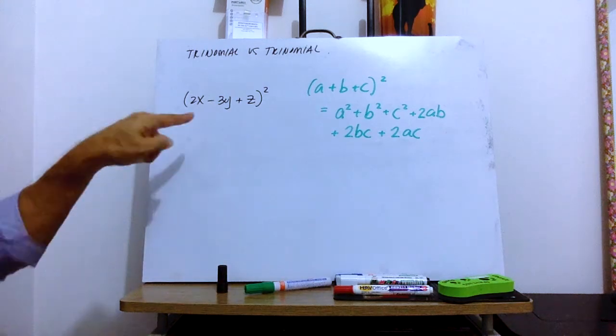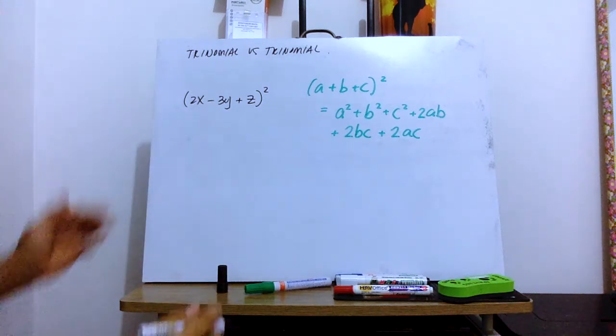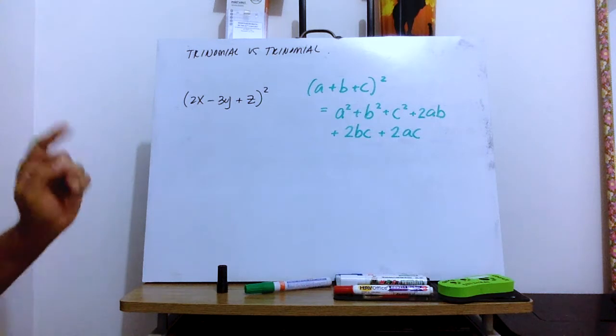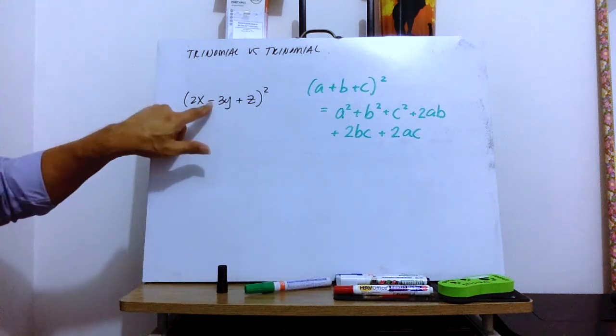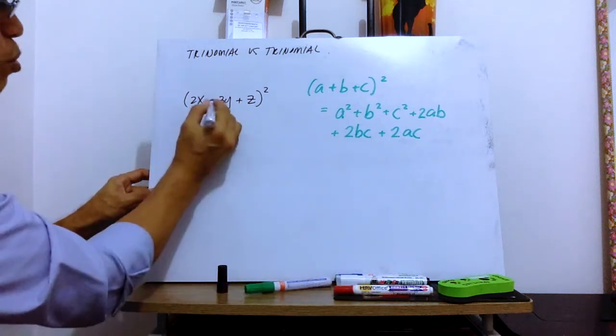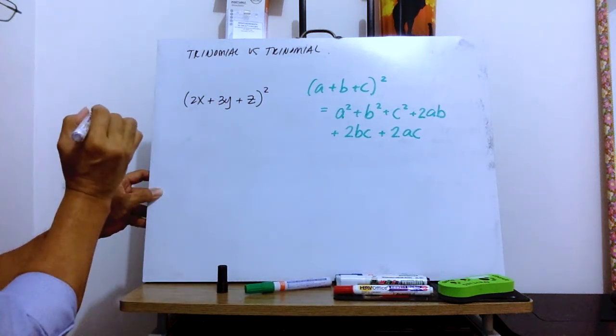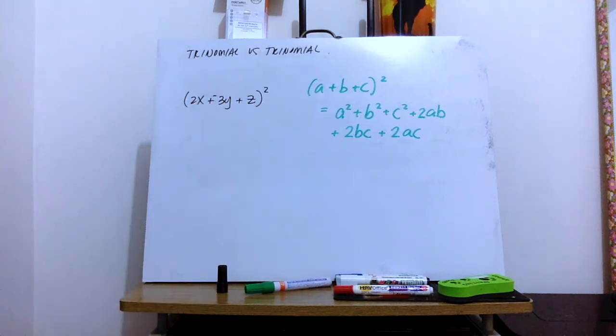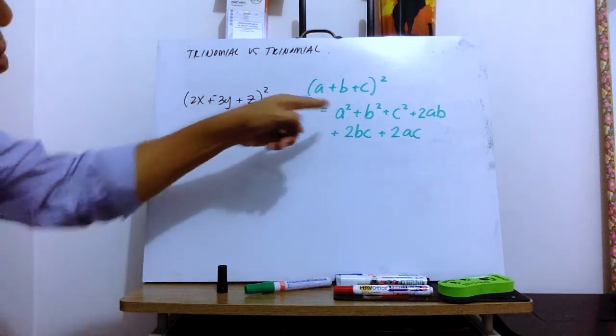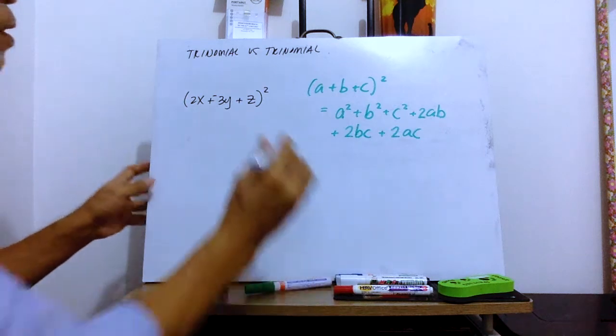Okay, we have a minus there. Same thing, okay? Remember what I discussed in my previous videos? If you have a minus sign here, change this to plus, okay? And then change the sign of the next term to negative. So we follow the same formula, right?